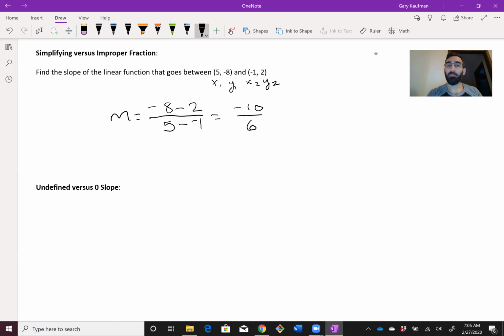Now, simplifying is eliminating any common factor. Well, 10 and 6 both have a common factor of 2, so I can reduce this to 5/3, so -5/3. This is simplified.